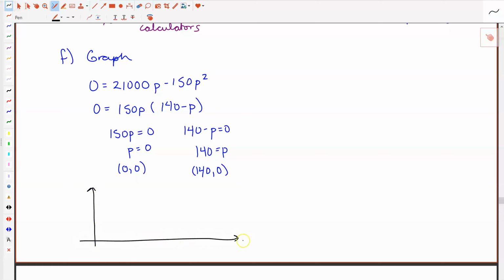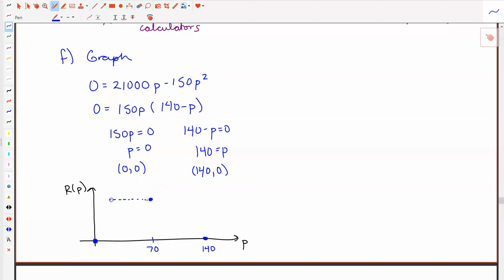So along my x-axis I have my price p, along my y-axis I have my revenue R(p). This is not going to be to scale, but I'm going to have one x-intercept over here at (0, 0). I'll have another x-intercept over here at 140. Halfway between them is 70, and that's where my vertex is going to occur.